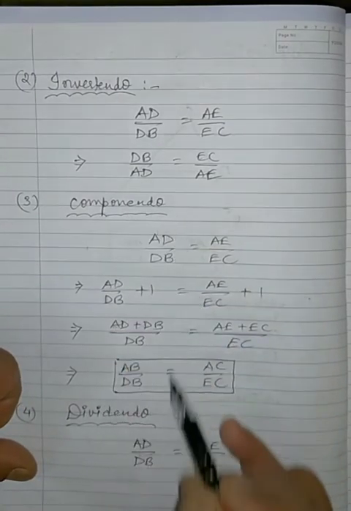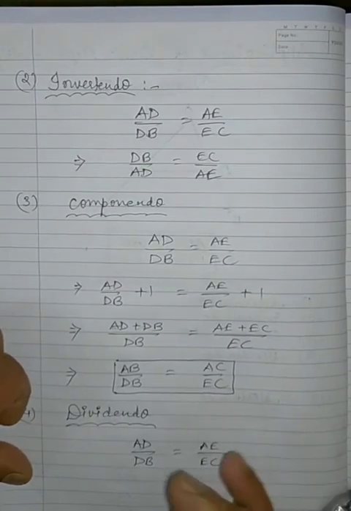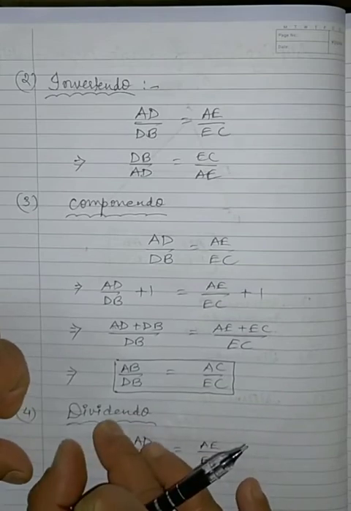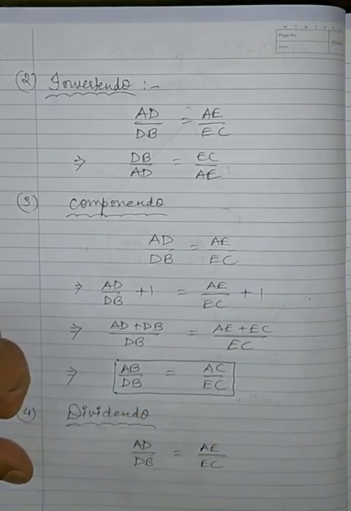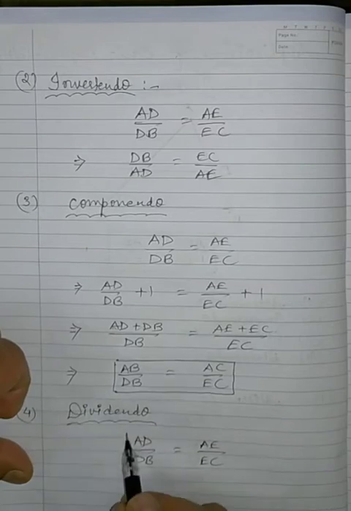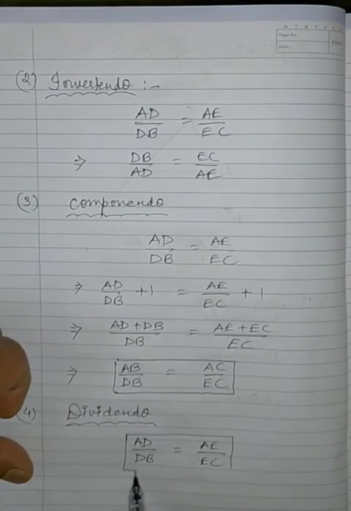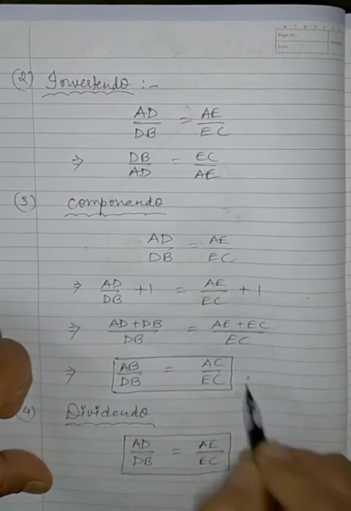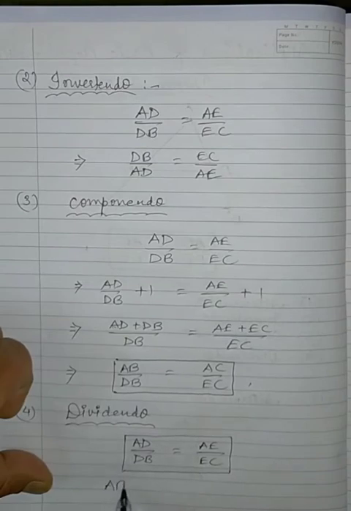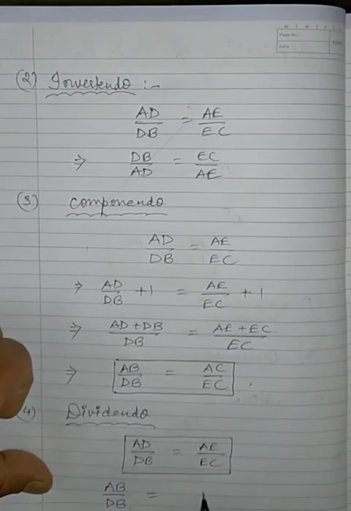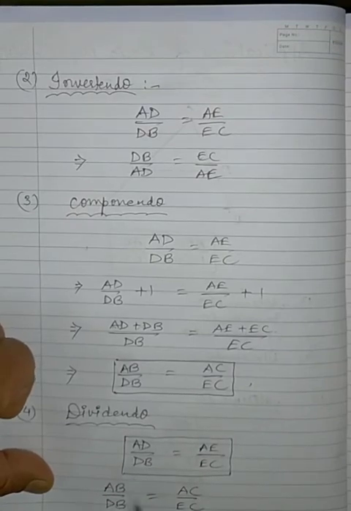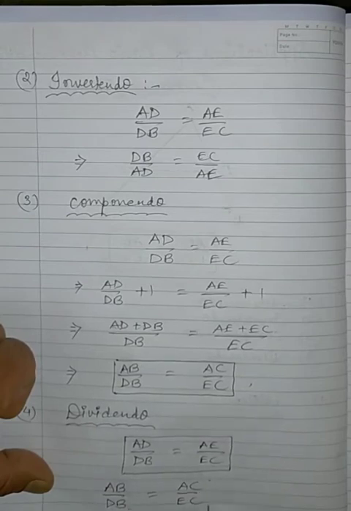As the componendo relation was used to find the ratio of whole side with the part, dividendo is used to find the ratio of part with the part. That means in this main relation, if in a question we are given, suppose, AB upon DB is equal to AC upon EC, so we are given full side upon part is equal to full side upon part.